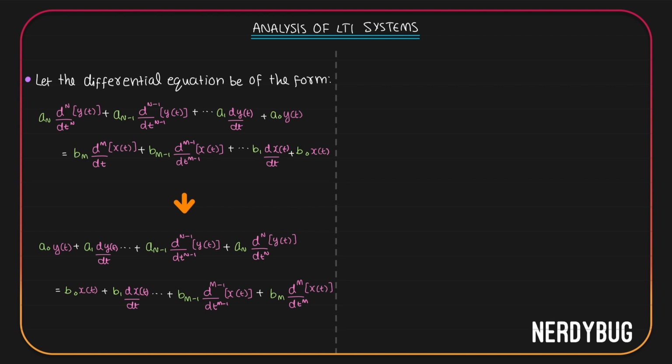The left hand side can be written like this: summation from k equal to 0 to n, ak multiplied by d raised to k by dt raised to k of y of t. And the right hand side can be written like this: summation from k equal to 0 to m, bk d raised to k by dt raised to k x of t.